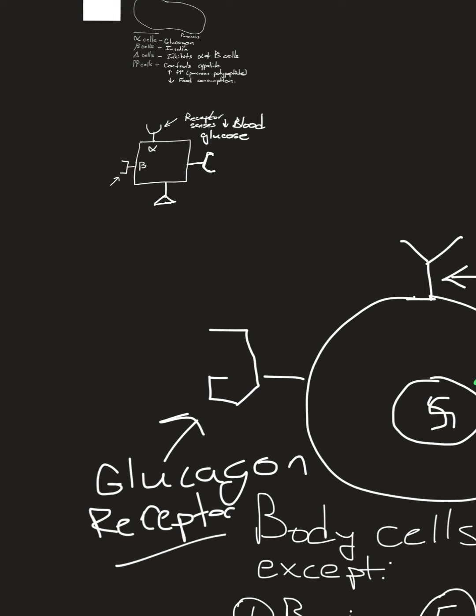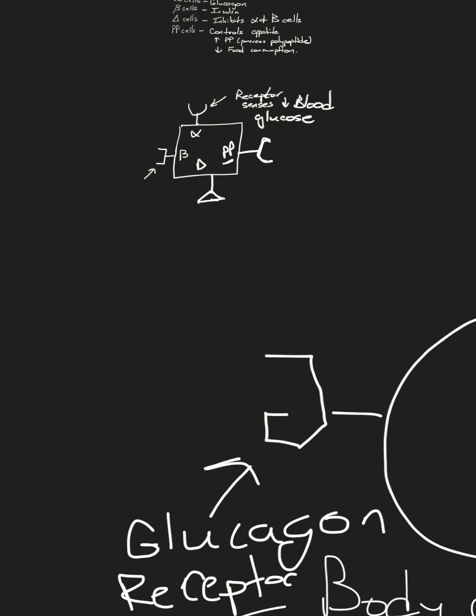And these receptors and cells produce proteins that inhibit or reduce consumption, appetite. So the PP cells produce pancreatic polypeptide, which decreases appetite. The delta cells produce a hormone that then feeds back and inhibits the alpha and beta cells from producing both insulin and glucagon.